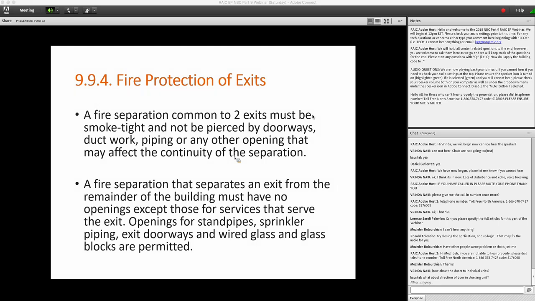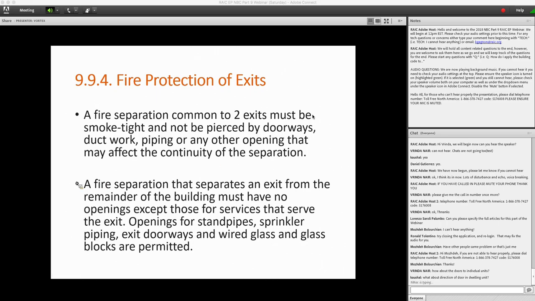Of course, you can have a doorway that provides access from the exit to the other portions of the floor area. But even for that, the doorway will have to have a certain form of fire protection in order to maintain the integrity of the exit.